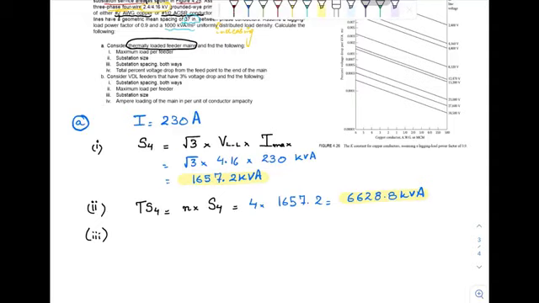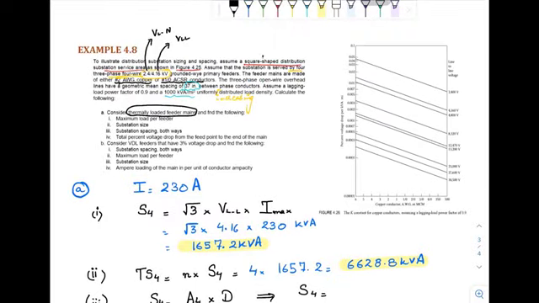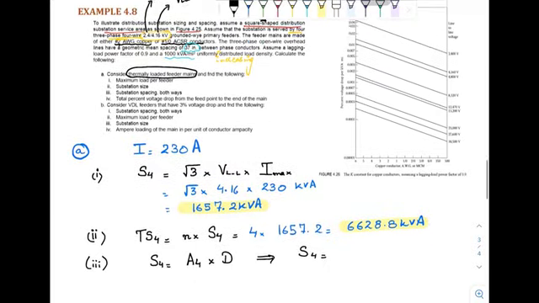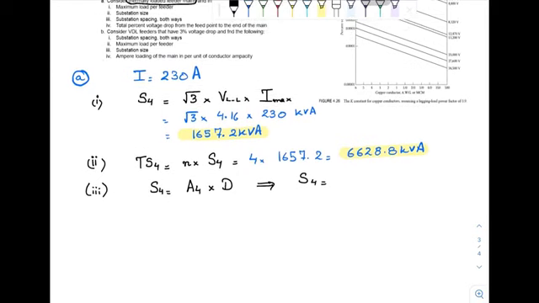As we have determined the value of the load served by one feeder, using this value we can obtain the length. We know that the load served by one feeder is equal to the area served by one feeder into load density. As the area being considered is of square shape, I can write the area served by one feeder as L4 square into D. We have already seen the analysis of this in the previous lecture.